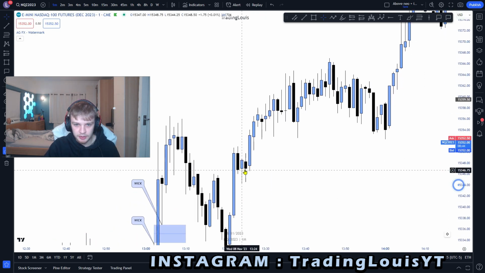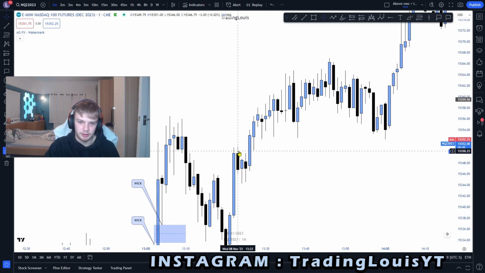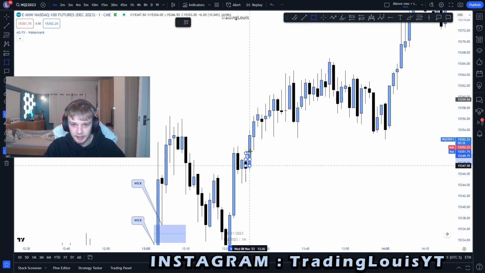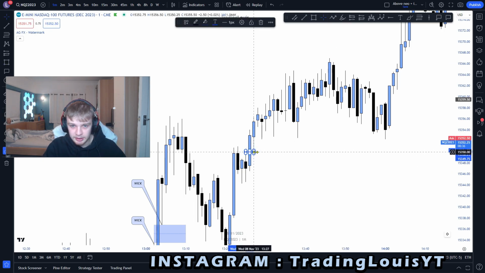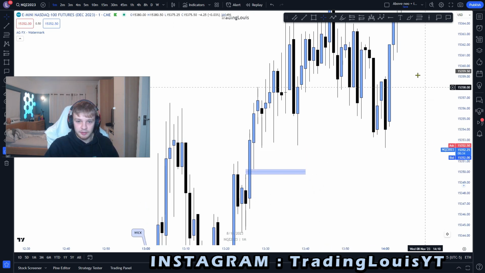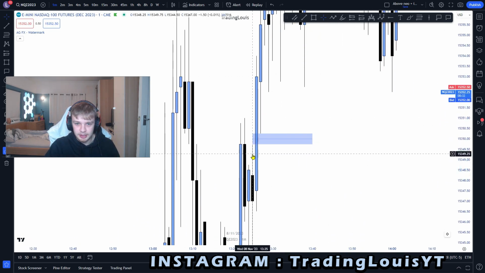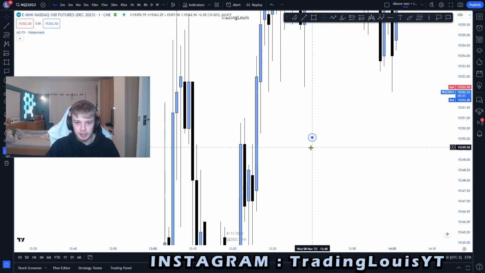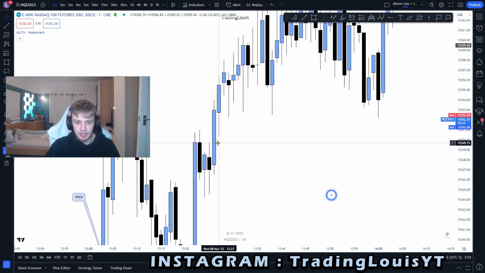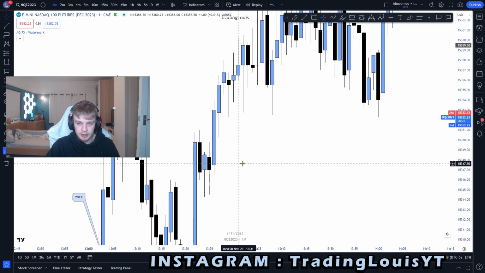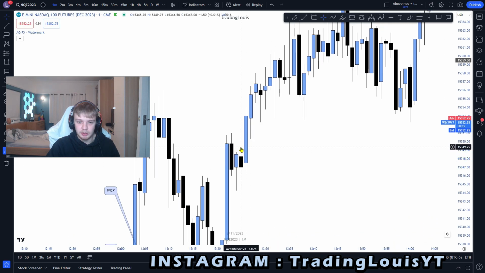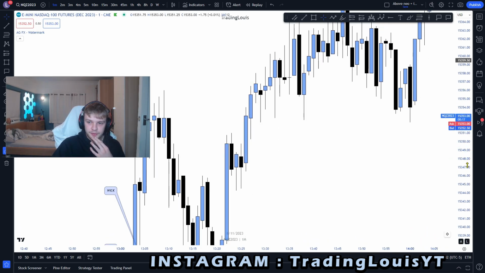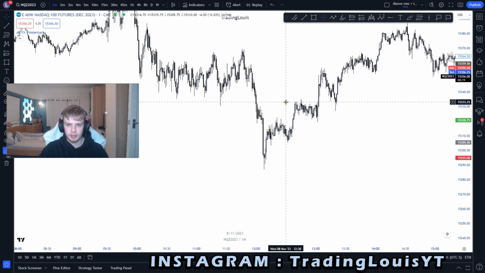This first candle and this third candle don't overlap, so that is a tiny fair value gap right there. But if the wick of this candle were to come down a little bit and overlap this first candle, then there would be no fair value gap there.